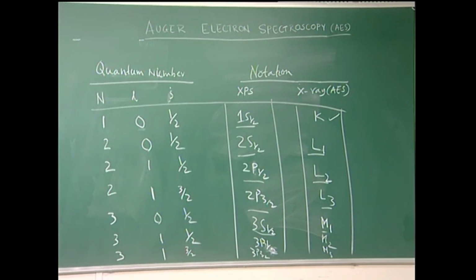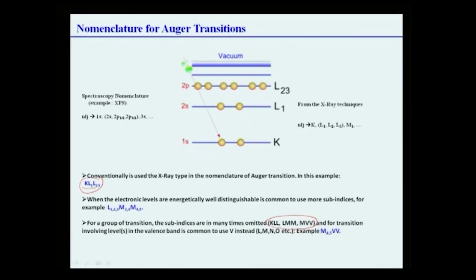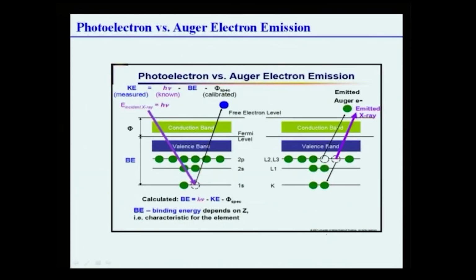If there is a transition, suppose K L1 L23, where L23 is the 2-3 levels, it will be K L1 L23 or K LL, both are possible. If there is a transition from K to L1 M1, then it will be K L1 M1 or K LM or K MM is also possible. All these different kinds of combinations are possible.